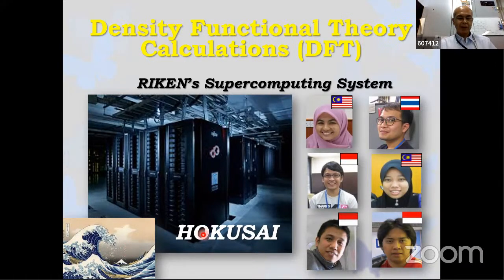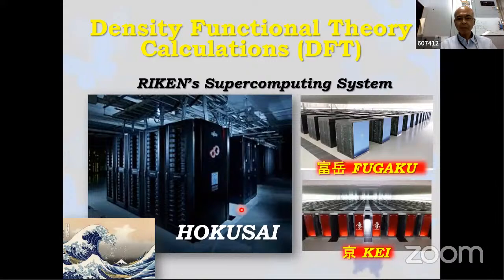I don't know why Riken gave this name to the supercomputing system. This is a picture of the supercomputing system in Riken, made by Fujitsu. Not so big, but a very powerful system compared to any other recent supercomputing system in the world.